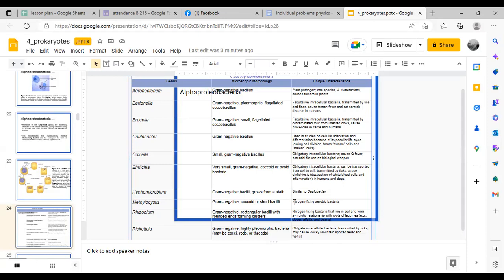And the nitrogen fixing bacteria is important as a consumer. Okay? So as you remember this, just the important ones, because it's hard to remember if gram negative all of them. Actually, they're all gram negative because they're under that class. But the important thing is the diseases that they cause. Okay?